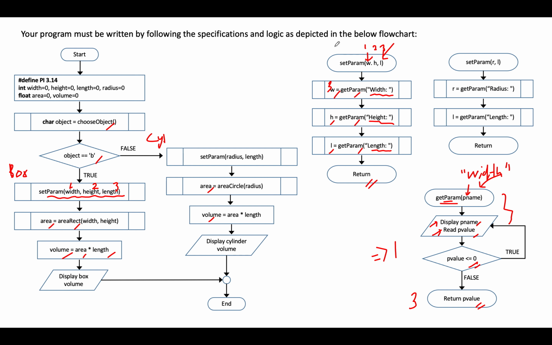Then using the set parameter, you already know the value for width, height and also length. Then you can proceed to calculate the area, volume and then display box volume. Same thing for the cylinder. I hope that helps.